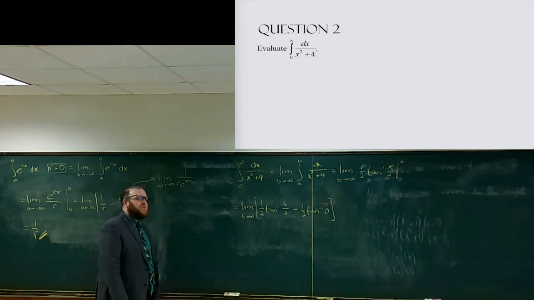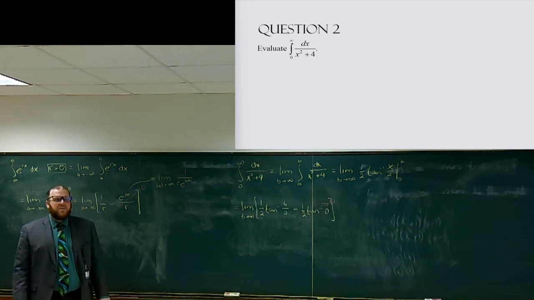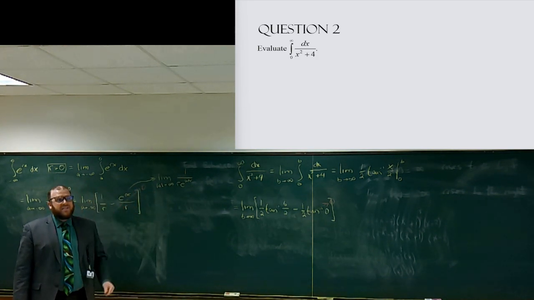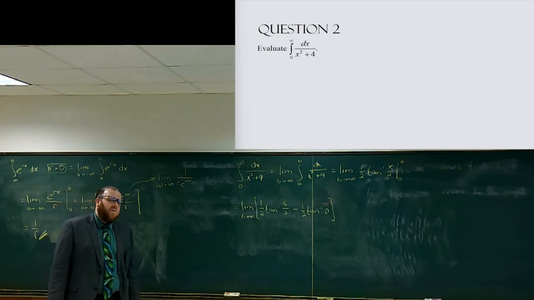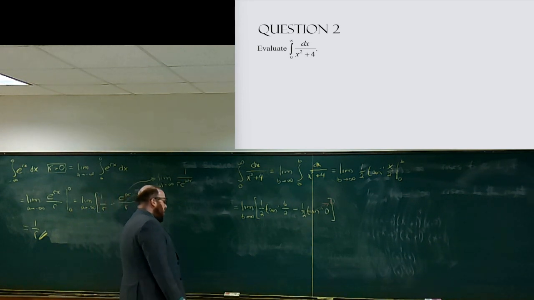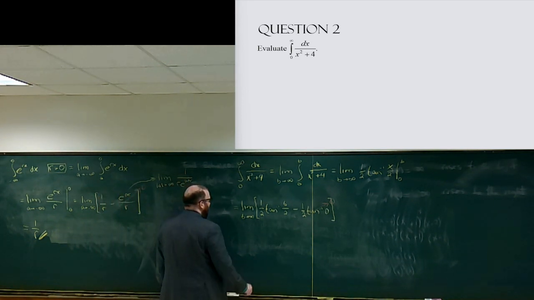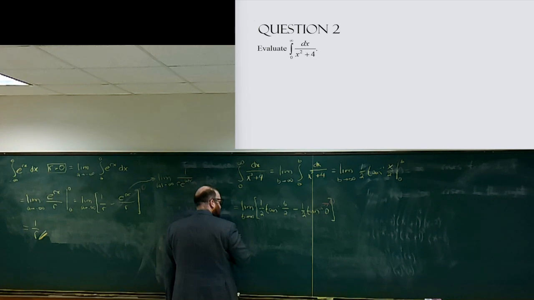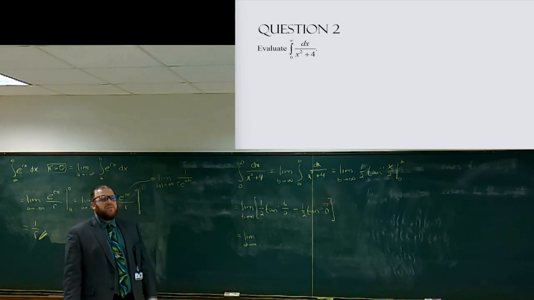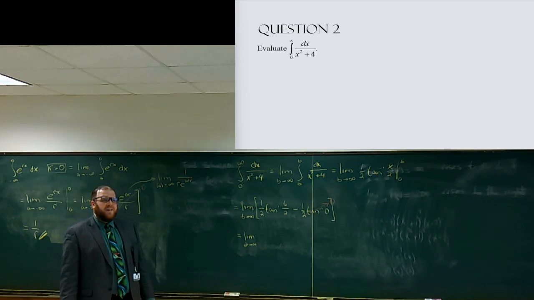So I can't use the composite function theorem because that limit doesn't exist. What I can do, though, is make a little change of variable, just to make it easier to see.